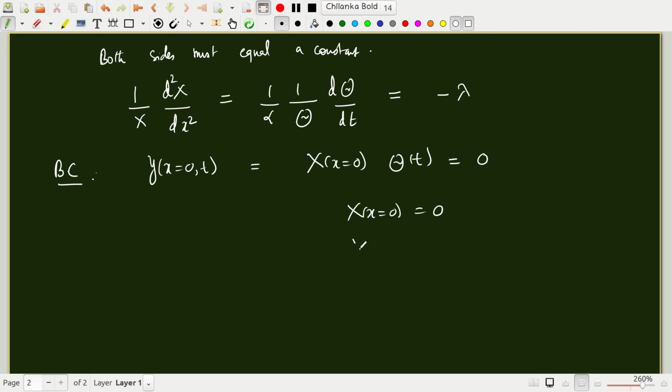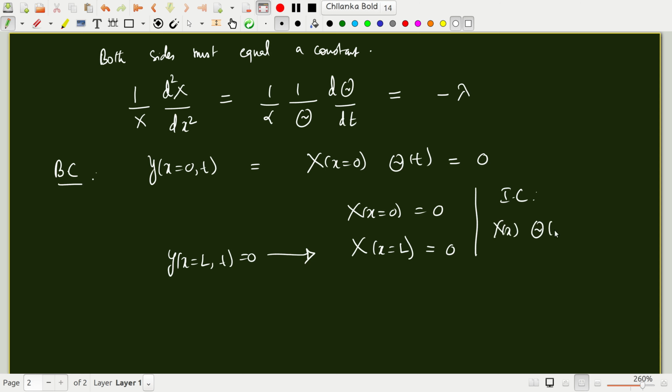The other boundary condition, y at x equal to L, t is 0, will similarly give X at x equal to capital L at all times is 0. Okay, the initial condition will be X of x times theta at time t equal to 0 is equal to y naught of x. Okay, that is the initial condition.